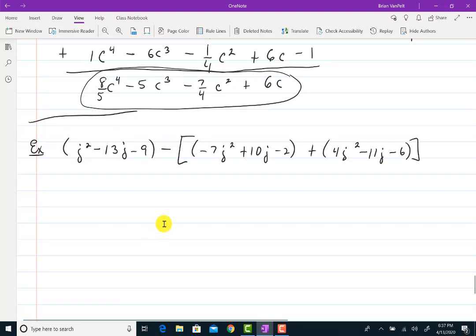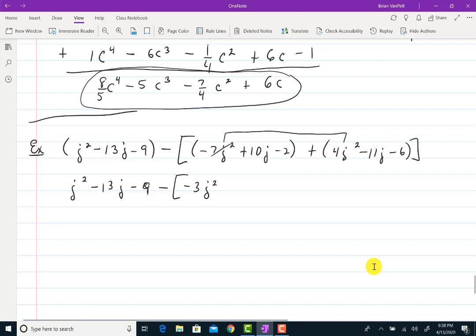I have to do these brackets first. There's no need for parentheses around this first polynomial. So it can just be j squared minus 13j minus 9. Then for the second piece, if I look at the j squared pieces, negative 7 plus 4 gives me a negative 3j squared.